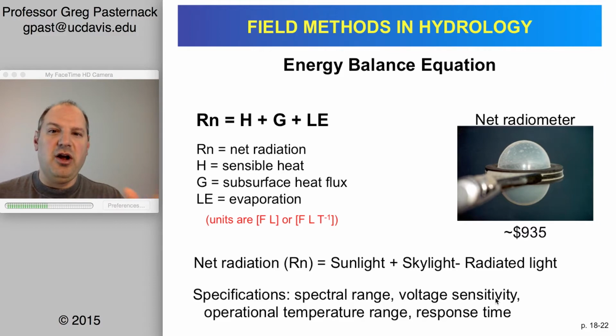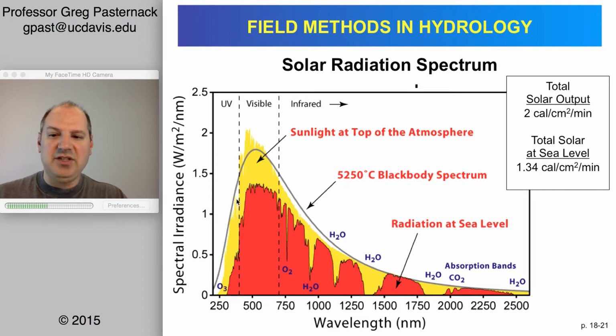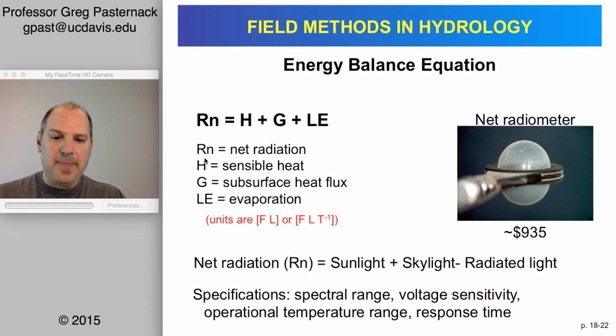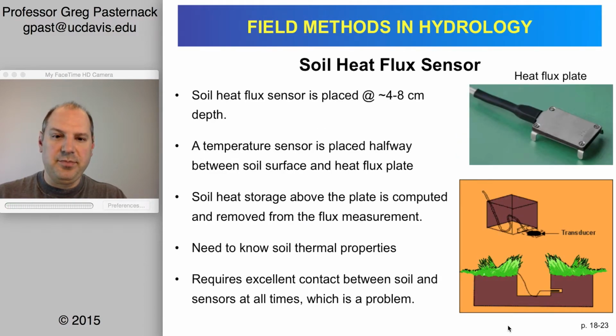So if your data logger can record 5 millivolts, then how many microvolts per different change in energy or radiative flux. The operational temperature range, so can it work in very hot conditions or very cold conditions? And then the response time, how long does it take for the sensor to register the change?